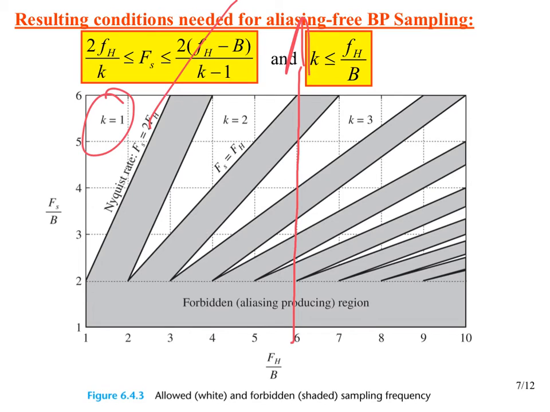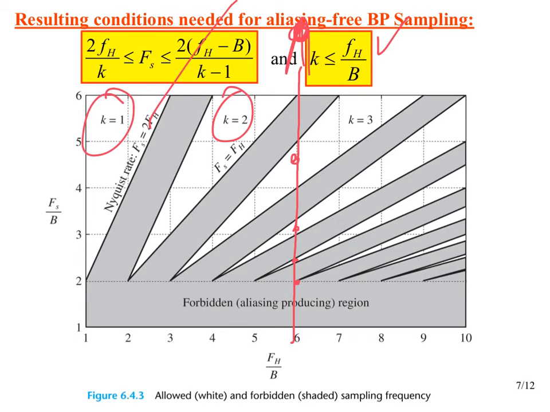We could operate with k equal to 2, up in this region. We could operate with k equal to 3, k equal to 4, all the way down to k equal to 5, and even right at the tip, k equal to 6. So that's the constraint being put on by that requirement.